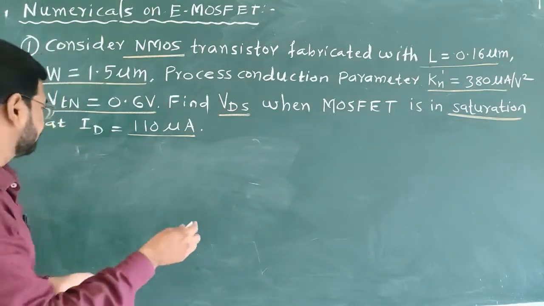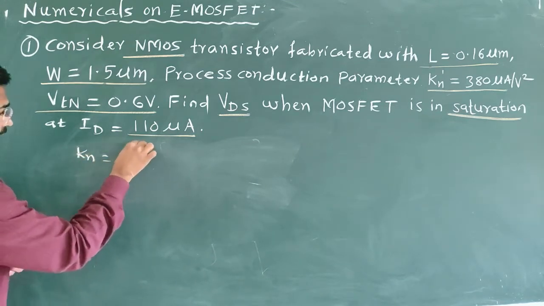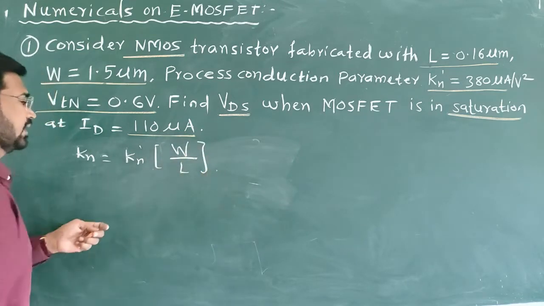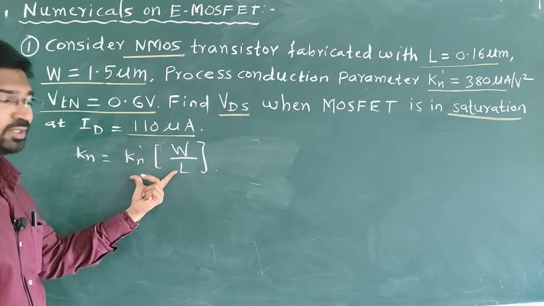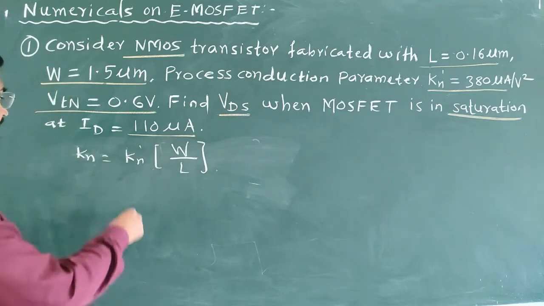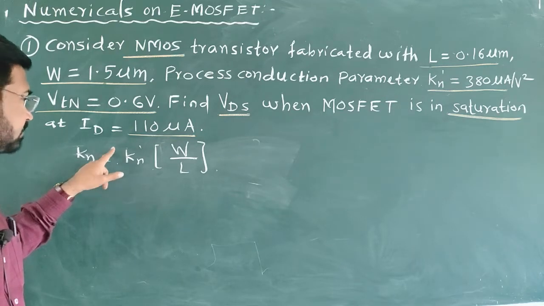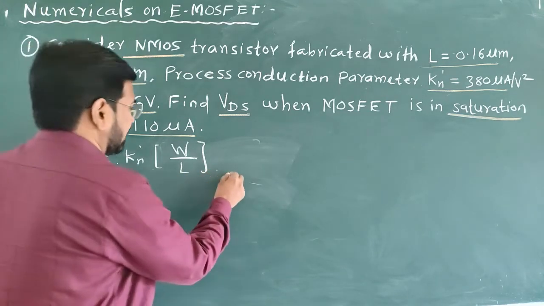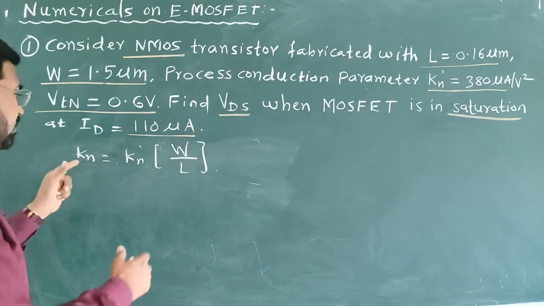Kn is equal to Kn dash times the ratio of width and L. If we use this to find Kn, then we have to take half in the equation of ID, and if we take half here, then there is no need to take half in the equation of drain current. That is one thing you should remember. Kn dash is the process conduction parameter and Kn is the conduction parameter. We have already discussed this.